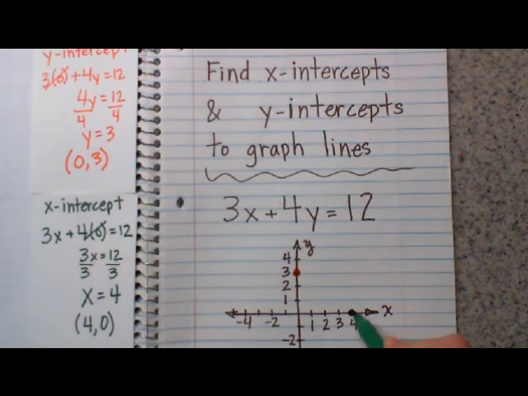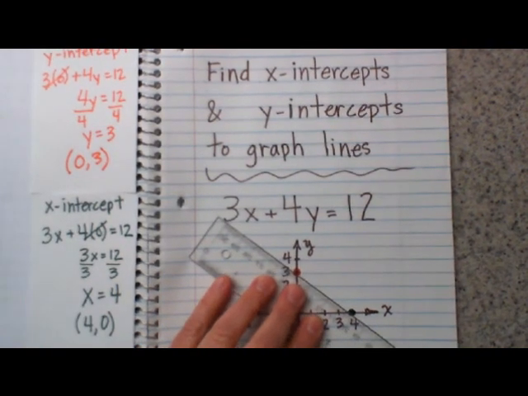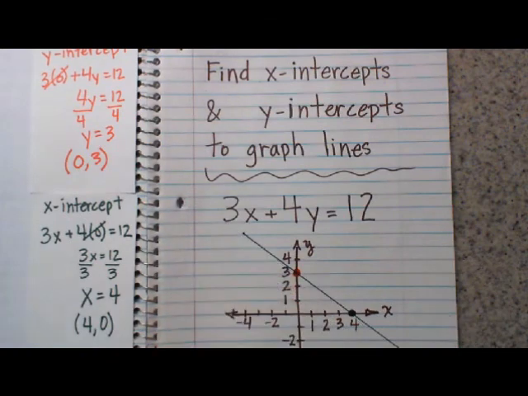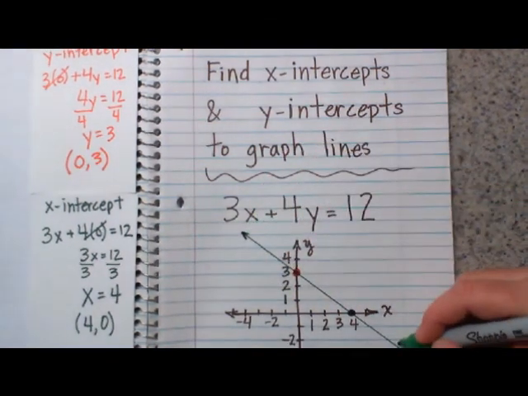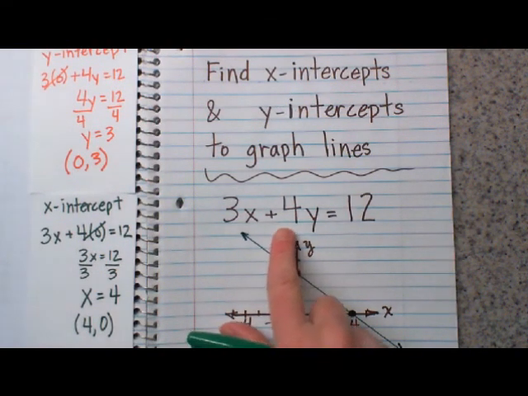Let's put a point there. Now, we draw the line. And that's how we can find the x and y intercepts and draw a line from an equation.